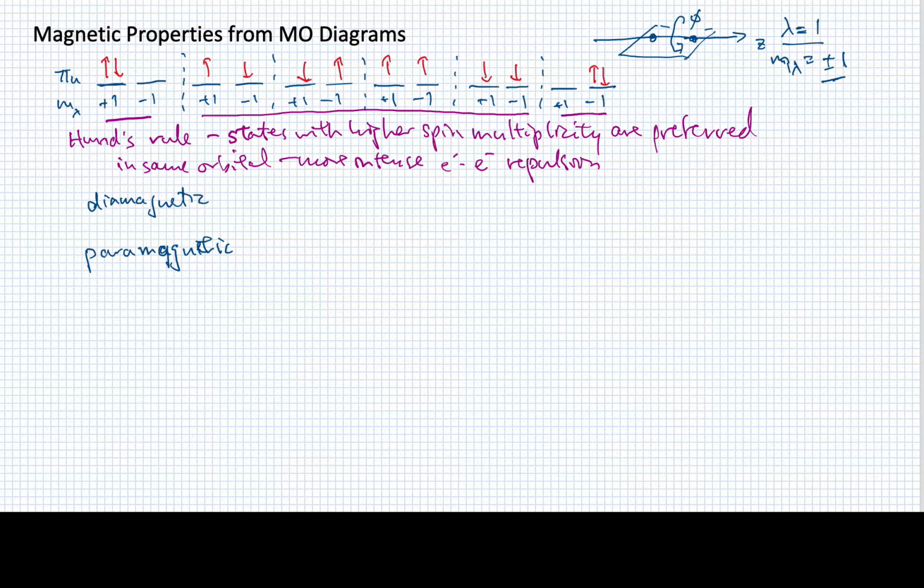So diamagnetic, what does this mean? When a molecule is diamagnetic, it means that it is not attracted to a magnetic field. So maybe it's a way of saying that it's not very magnetic. However, if it's paramagnetic, then it is attracted to a magnetic field.